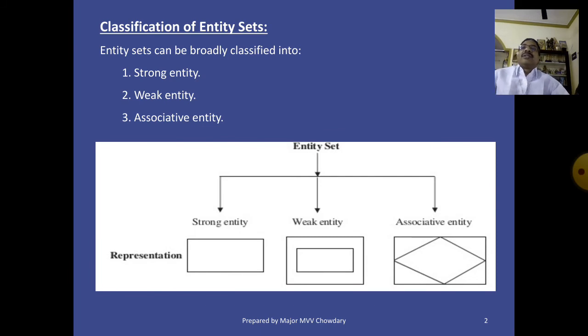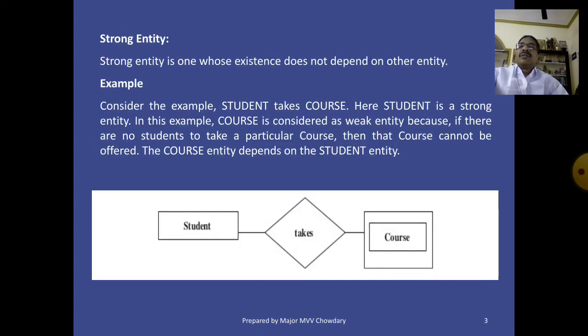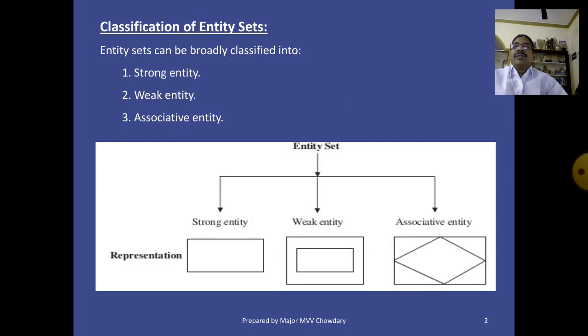Strong entity. On the screen, entity sets can be represented. A strong entity can be represented by a rectangle. A weak entity is represented by a double rectangle.